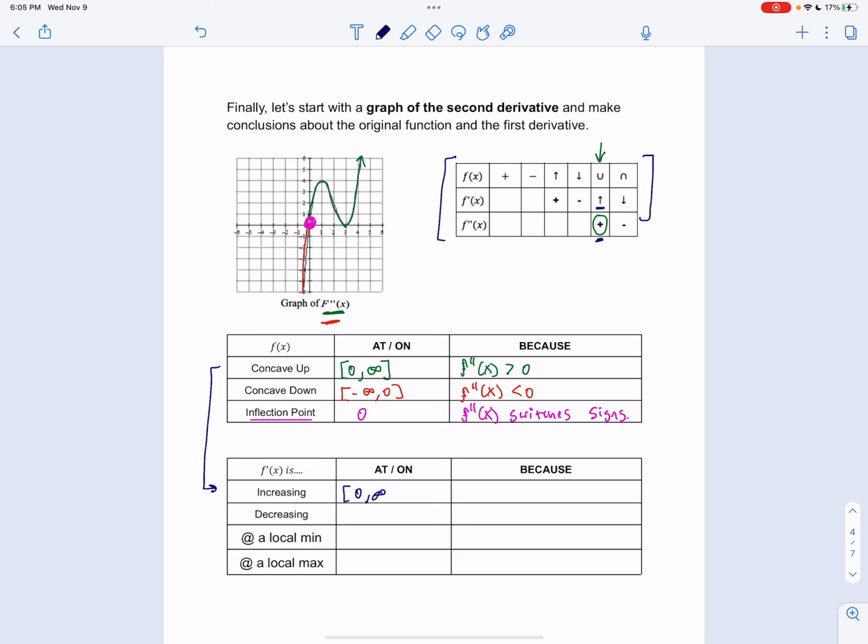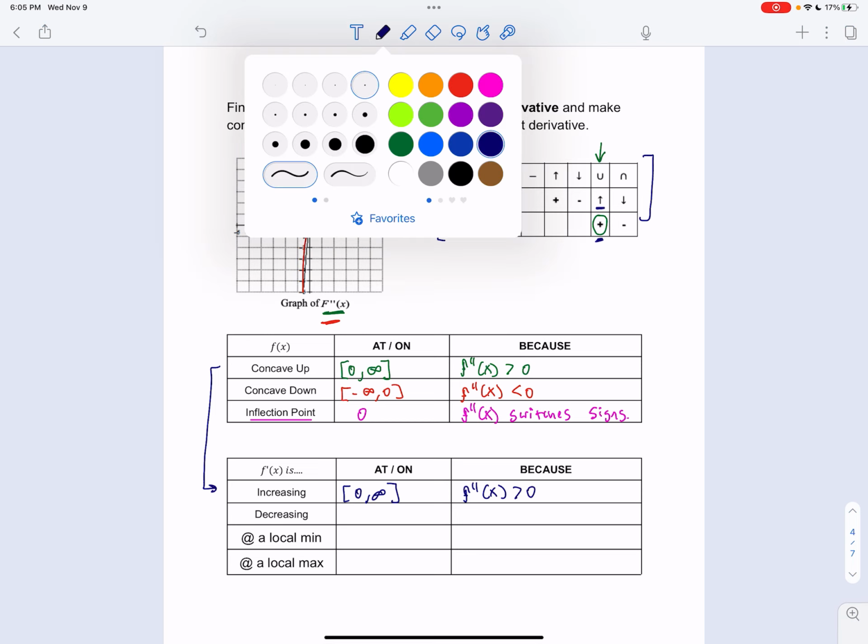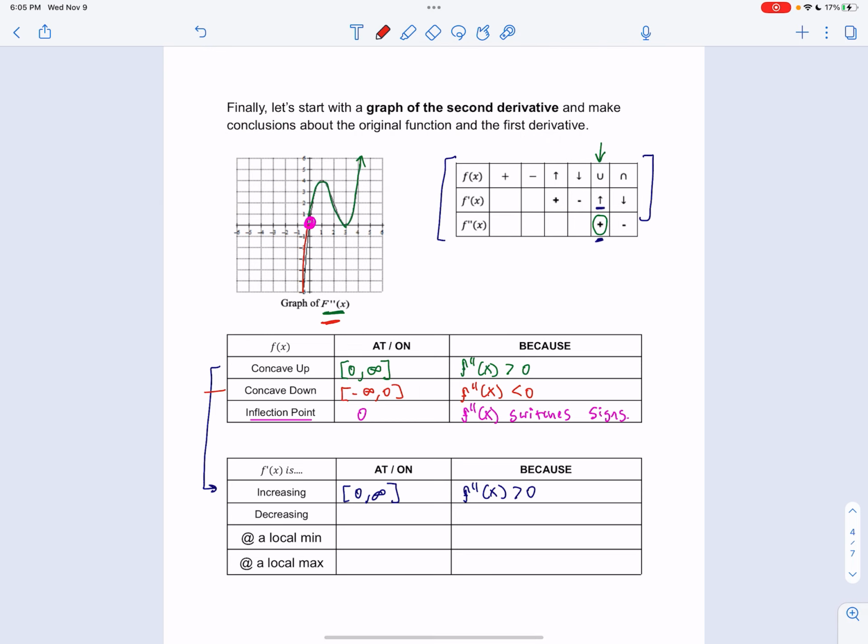So this is the same answer as when f of x is concave up, because the second derivative is greater than 0. And likewise, that is also what the first derivative decreasing means. It means the second derivative is negative. And so what we have there is -infinity to 0, because the second derivative is less than 0.